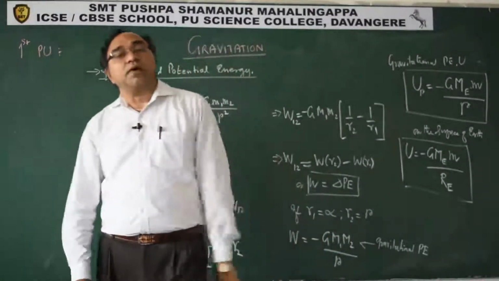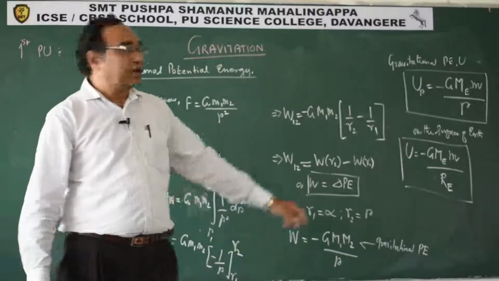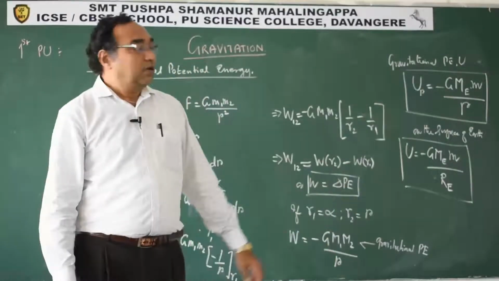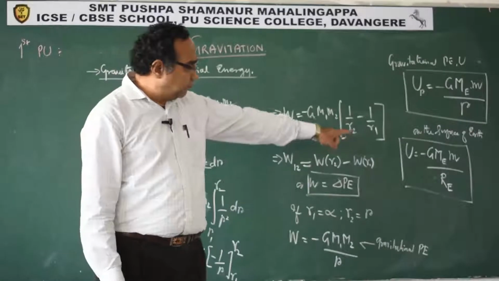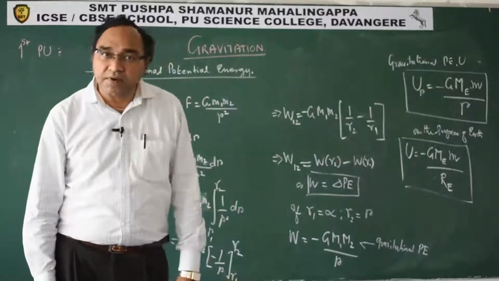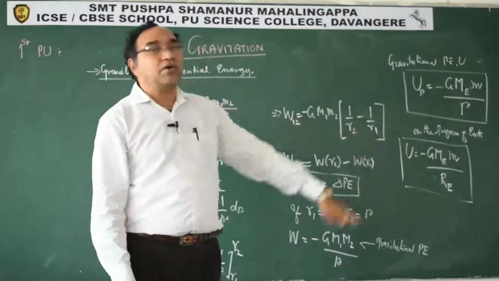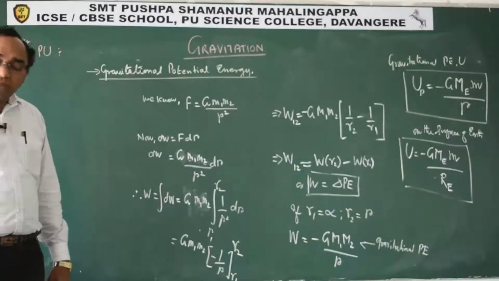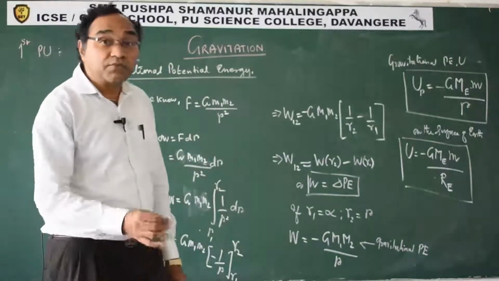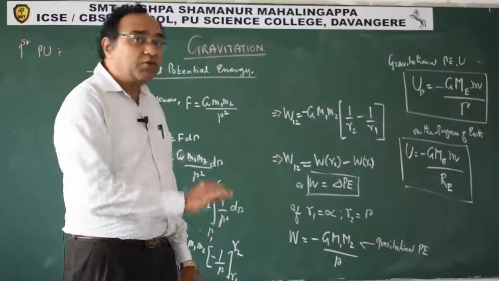Now this is also mgh. We can multiply and divide by the radius of earth. G M by Re square is nothing but the acceleration due to gravity. That is how we can find the expression for the gravitational potential energy in terms of g, the acceleration due to gravity.